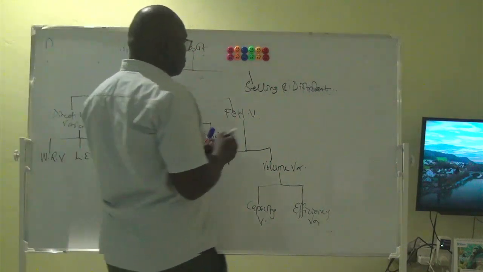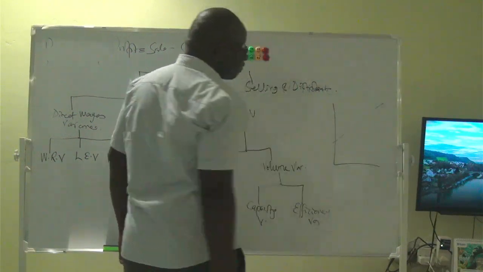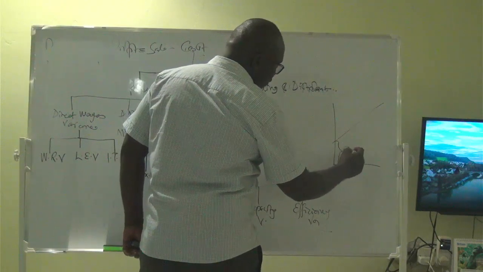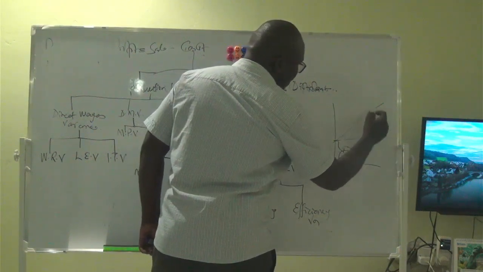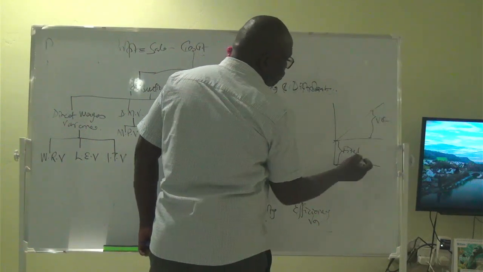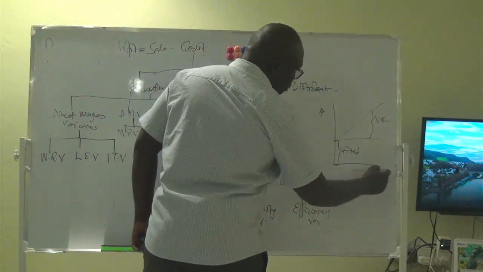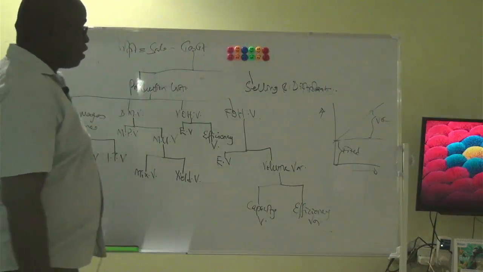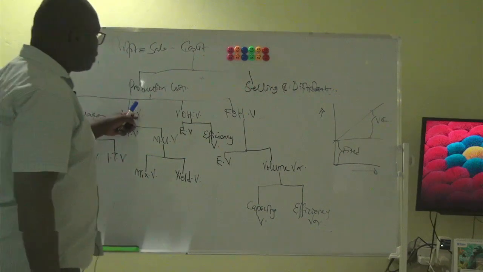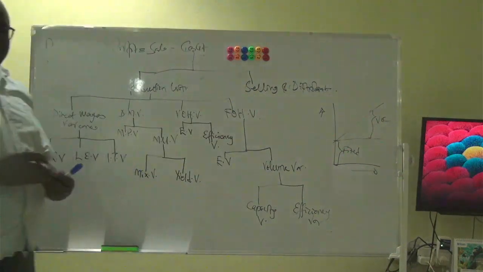Of course, you could remember our discussion on the cost function, where we have an element which is fixed, and another part which varies, the variable costs, which change with the production in terms of the number of units. So we have direct wages, direct material, the variable overheads, and then the fixed overhead.